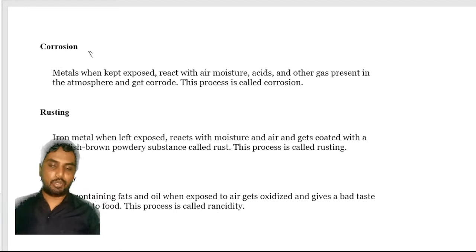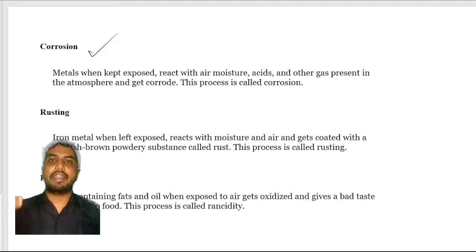And going up with the next, corrosion. So what is meant by corrosion? When a metal is kept exposed, it reacts with air, moisture, acid and other gases present in the atmosphere, and the metal gets eroded. What is meant by erode?